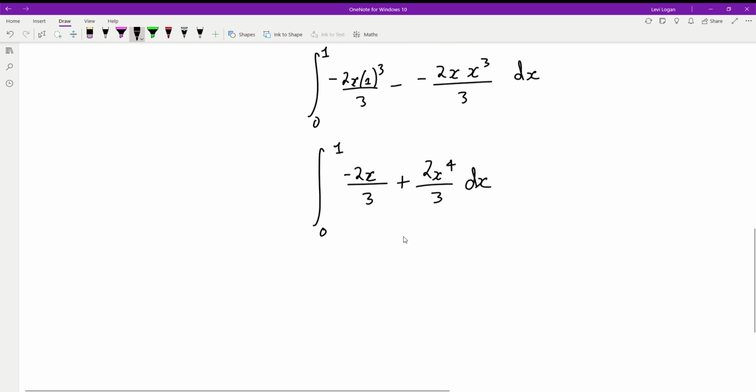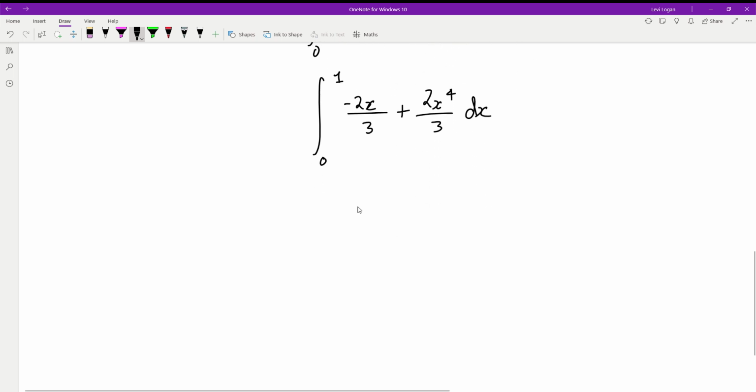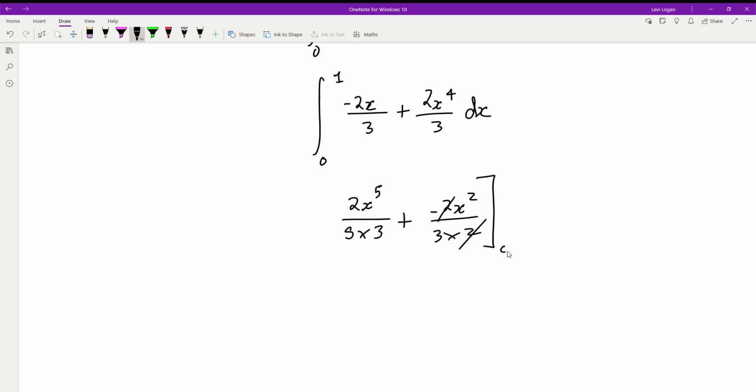Integrating all these, add 1 to the power, divide by the new power, so we'll have 2x to the 5 on 5 times 3, plus negative 2x squared on 3 times 2. I can cancel those 2's if I wanted to. And I still have these bounds to plug in. So we'll have 2x to the 5 on 15 minus x squared on 3, from 0 to 1.